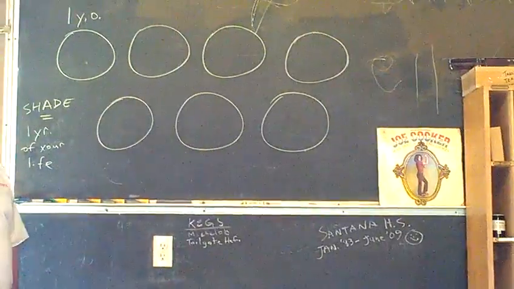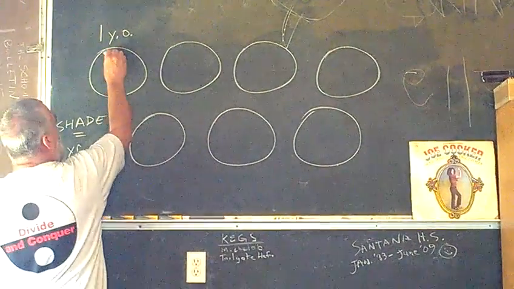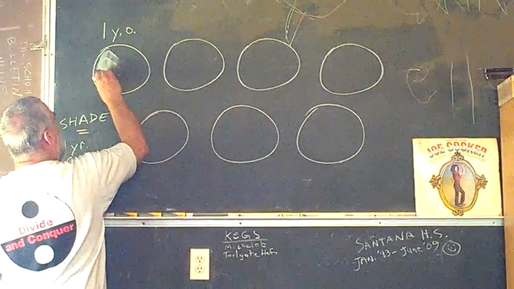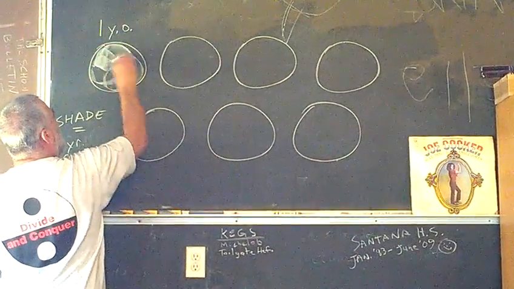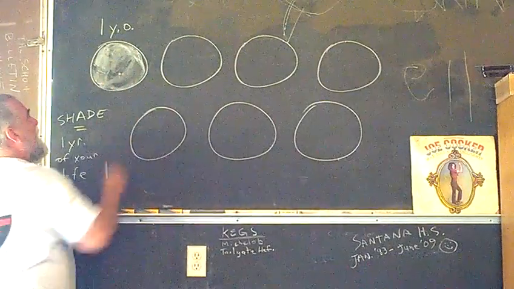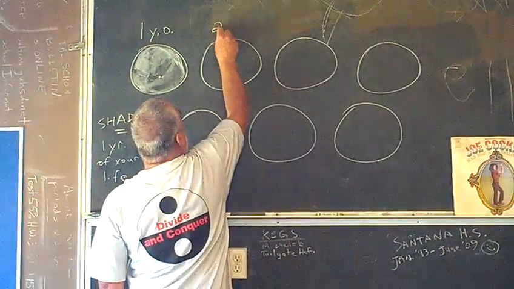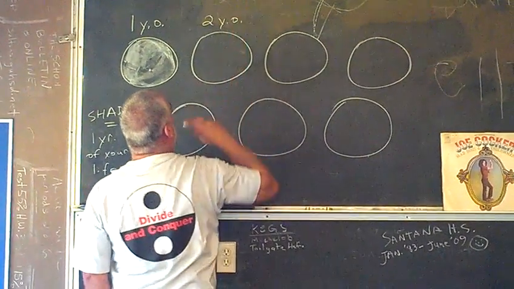So when you're 1 year old, the shade equals 1 year of your life, which is your whole life.